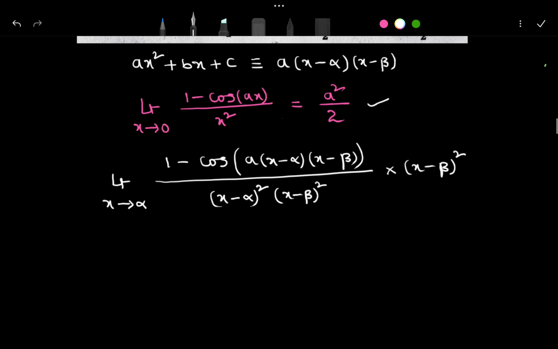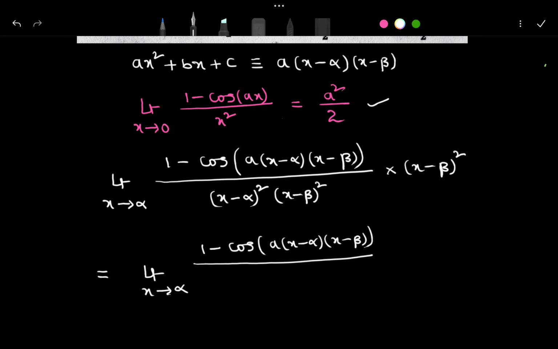By applying that formula, this result will be equal to limit x tending to alpha, 1 minus cos of a into (x minus alpha) into (x minus beta) whole divided by (x minus alpha) into (x minus beta) whole square, into (x minus beta) whole square.